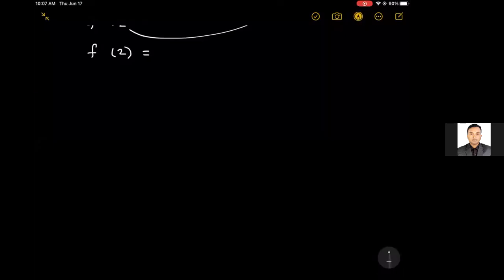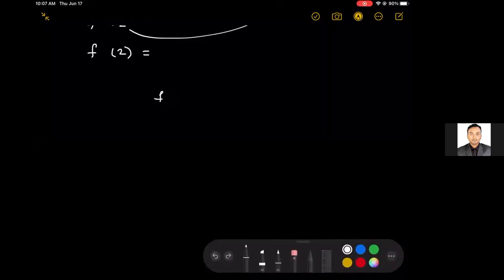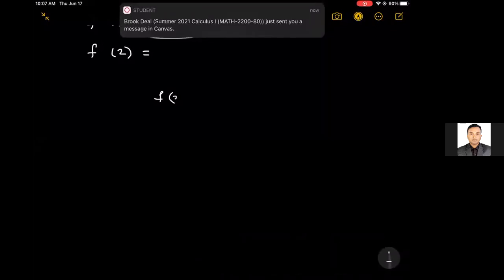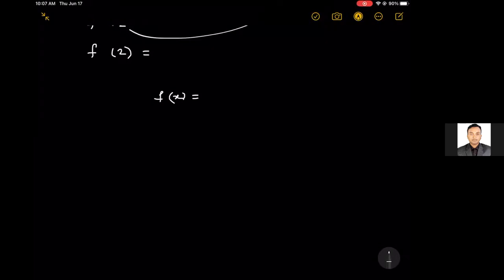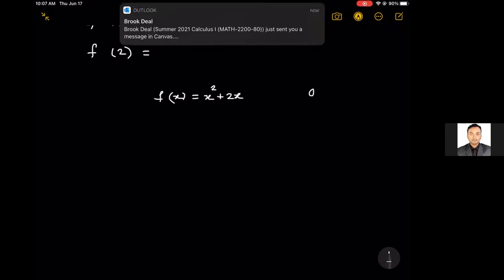Let's say my function is f of x. Let's take a really easy function, okay? Let's say x squared plus 2x, and on the interval from 0 to 1.